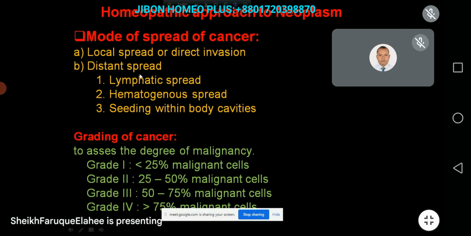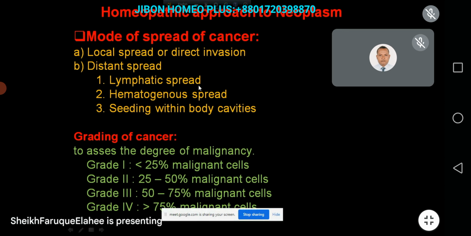Another is distant spread. The cancer is in the testes, but there is another cancer in the brain. How? This is called distant spread. From the testes through blood, it has gone to the brain. So distant spread can occur by three ways. One is lymphatic spread. You know there is a lymphatic channel.